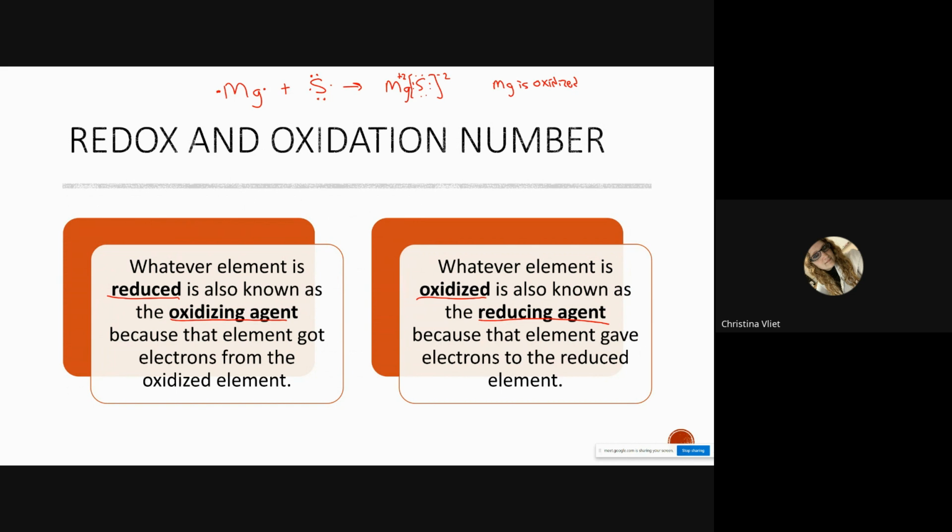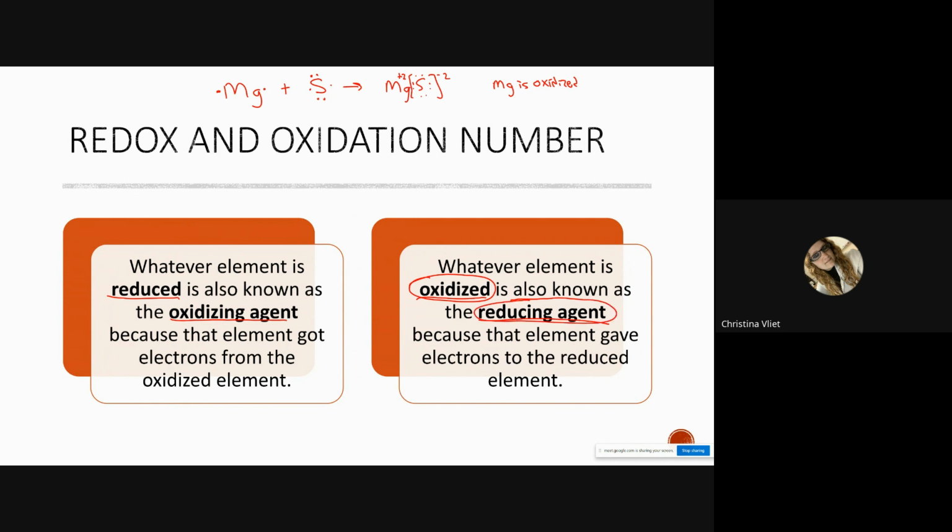Without magnesium, sulfur wouldn't have its electrons. It wouldn't be stable without magnesium. So magnesium caused sulfur to gain electrons. Would you agree? So that means magnesium was oxidized, but it caused sulfur to be reduced.